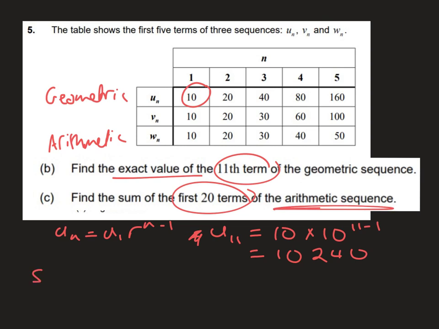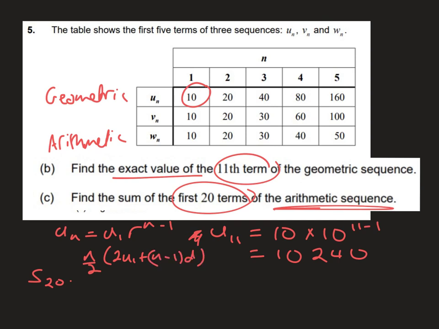Part C says find the sum of the first 20 terms of the arithmetic sequence. So what we're in effect being asked to find here is S20. So we can use the formula for the sum of an arithmetic sequence. The general formula, the easiest one to work out here, is n over 2 times 2U1 plus n minus 1 times d.